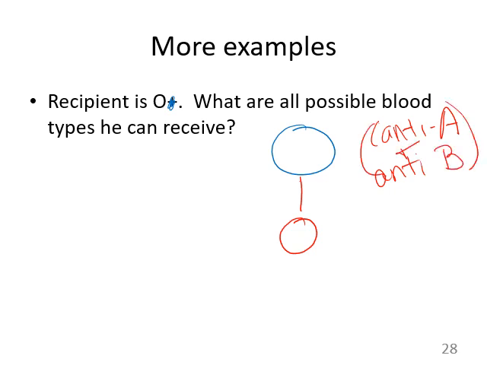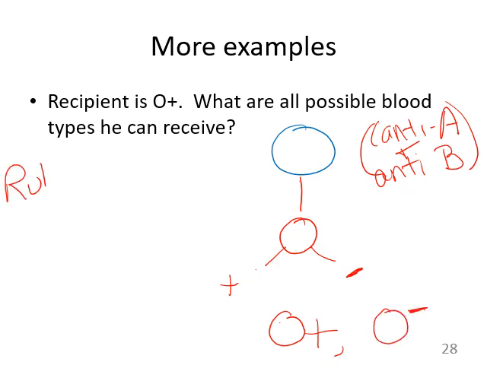Now let's go back and look at our RH. This person's Rh positive. If I'm Rh positive, I can get positive blood and I can get negative blood. So my options for an O positive recipient are O positive and O negative.